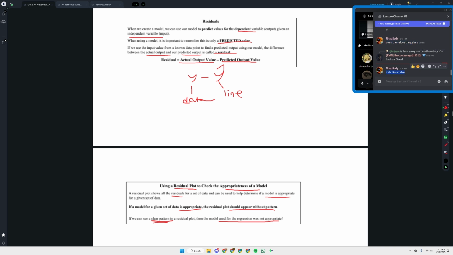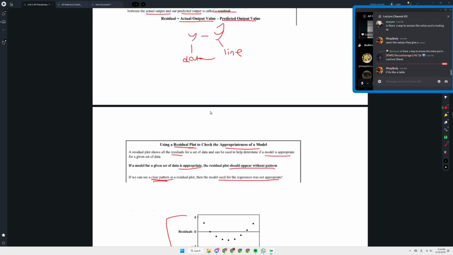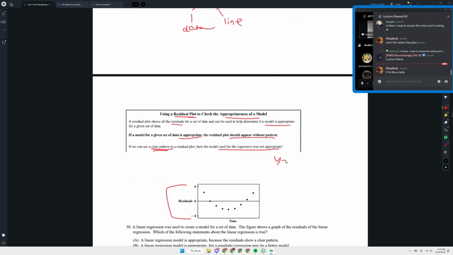If it's like a table, which is the graph the actual, if this type of graph is your residual, which means someone went and did y minus y hat for every single one and plotted them for you. And your TI-84 can also do that, but that's not part of this course.